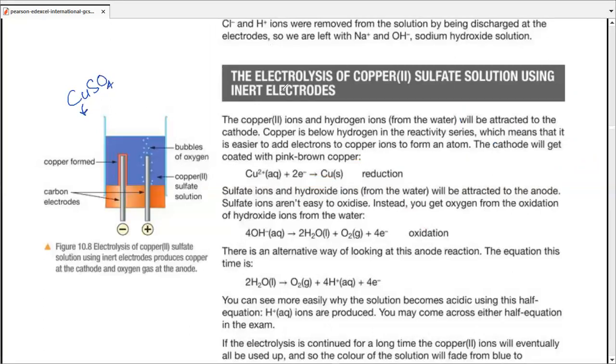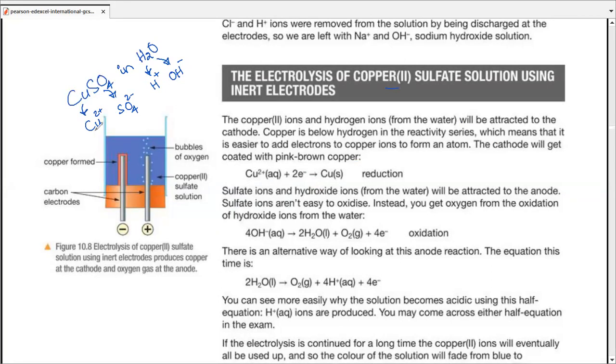Since this is copper(II) sulfate, it is going to give us Cu2+ ions and sulfate SO4 2- ions, since they are dissolved into water, and water is going to give us H+ ions and OH- ions. So this time we're facing copper ions against hydrogen ions in case of cations, and sulfate ions versus hydroxide ions in case of anions.